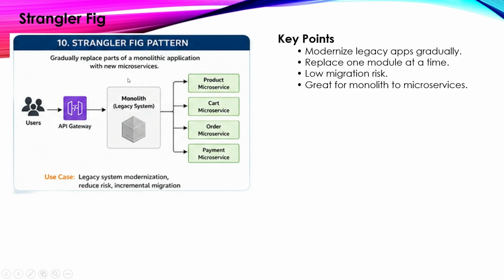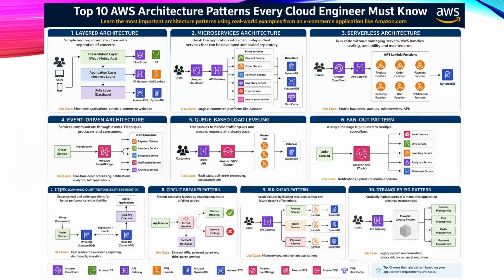Gradually replace parts of your monolithic application with new microservices. Modernize the legacy app by gradually replacing one module at a time. Low migration risk, great for monolithic to microservice migration. So these are the top 10 architecture patterns.